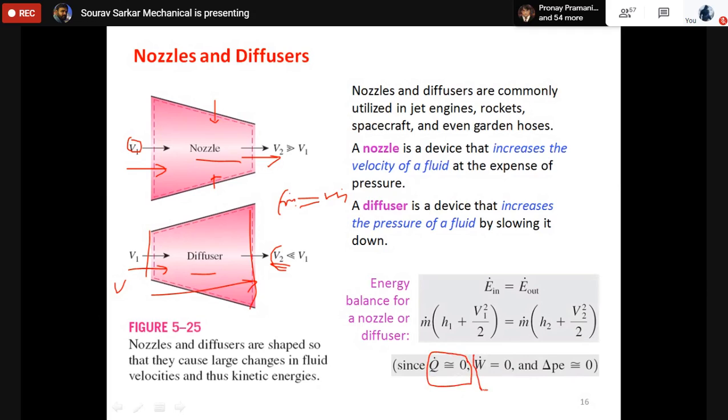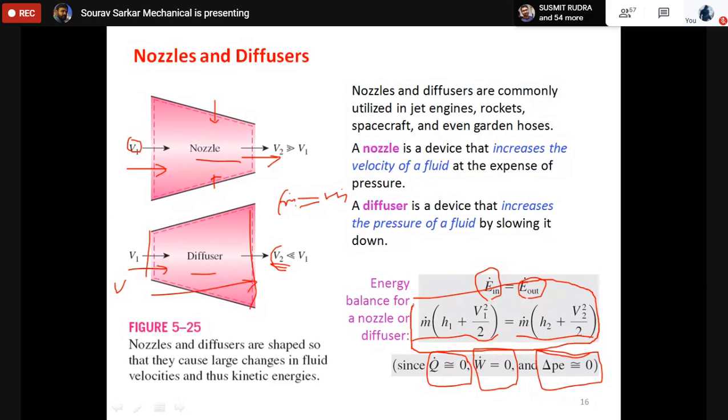There is no expansion work, and if they are at the same potential height or potential energy level, I can write the energy in equal to the energy out. So m dot (h1 plus v1 square by 2) equal to m dot (h2 plus v2 square by 2). Do you understand how I got this equation? Have you understood this part?